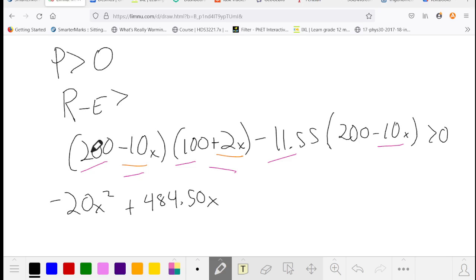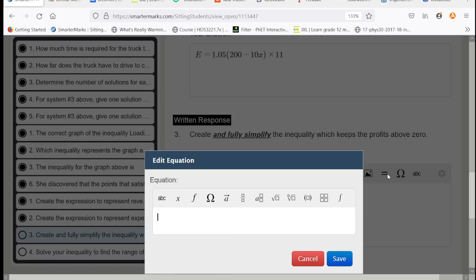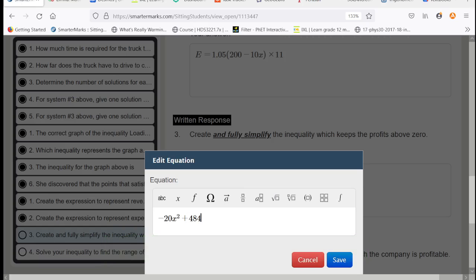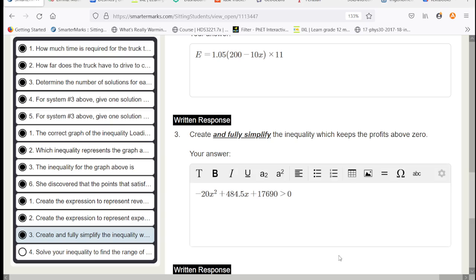Now our constant term, we're going to have 200 times 100 minus 11.55 times 200. We work all that out, and it's 17,690. And this is what has to be greater than 0. So it's a negative 20x squared plus 44.5x plus 17,690 greater than 0. There is our inequality.